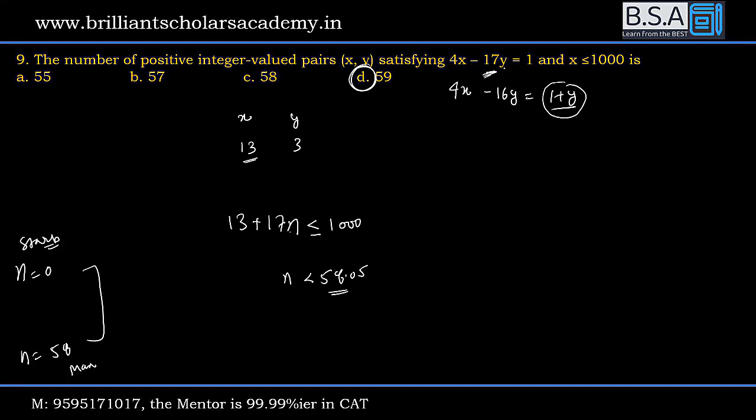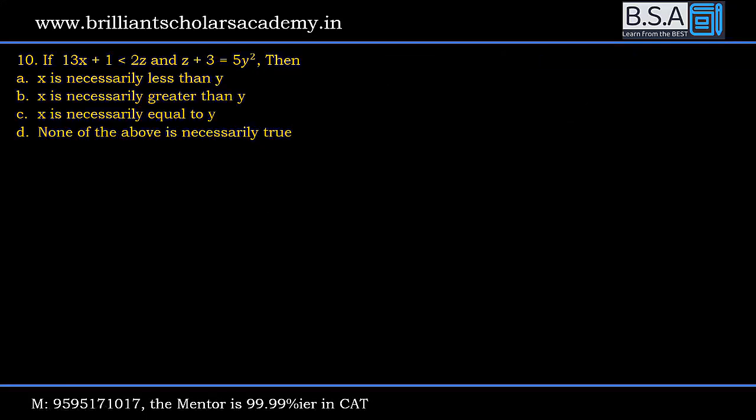Less than or equal to 58 point something, so from 0 to 58, how many values are there? 59 values are there. Try this.